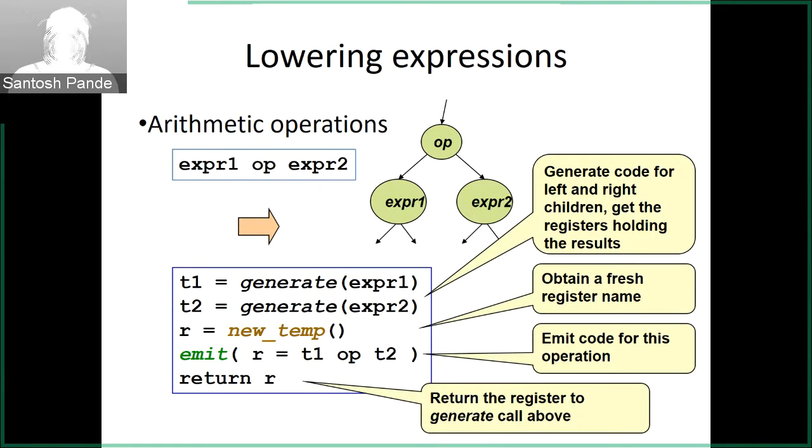There may be only a unary operator attached to, let's say, an expression 1. In which case, of course, we will not do anything about expression 2. We'll get the temporary which is generated in expression 1. We'll then attach the operator to that expression. We'll have maybe a negation of value or whatever, depending on the operator.